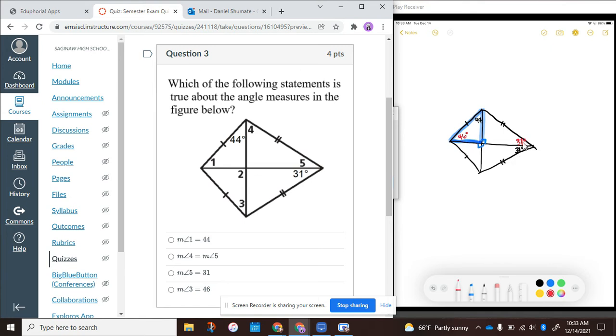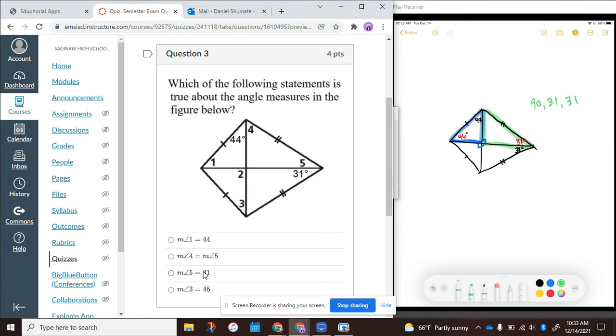And so if that one is 31, this one must also be 31. Now, I'm going to outline this triangle in green. On this triangle, I submit to you that it would not be possible to have angle measures of 90 and 31 and another 31, because that does not add up to 180. So this answer choice right here, angle 4 and angle 5 being congruent, that one doesn't track.